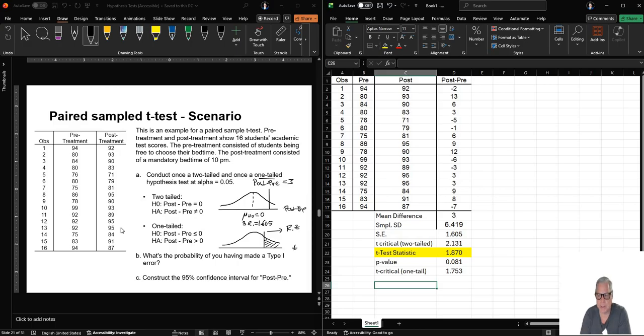It's much more inside than the other one, because to the right we have more probability mass. So now this is our critical value, 1.753. We can barely read it.